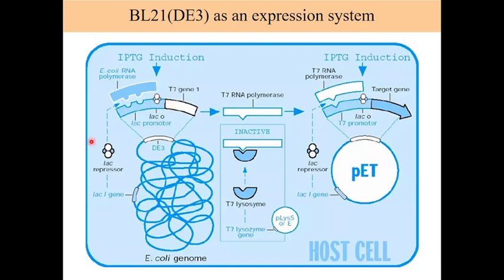So what happens? Mainly, the lac repressor goes and binds to the operator site, so the promoter is inactive and the T7 gene is inactive. So, no T7 RNA polymerase gets synthesized. But what happens when you add IPTG? IPTG is basically a structural analog of allolactose.